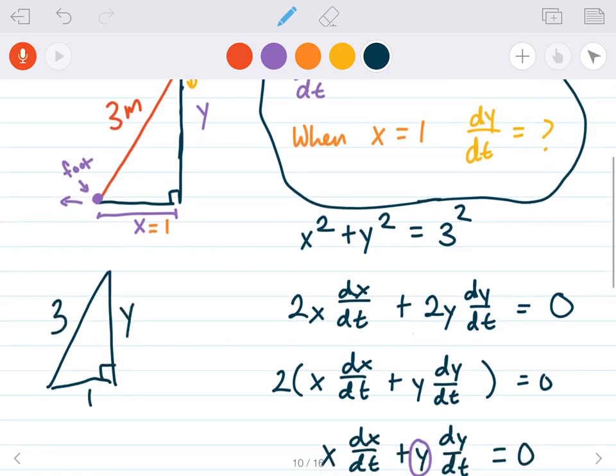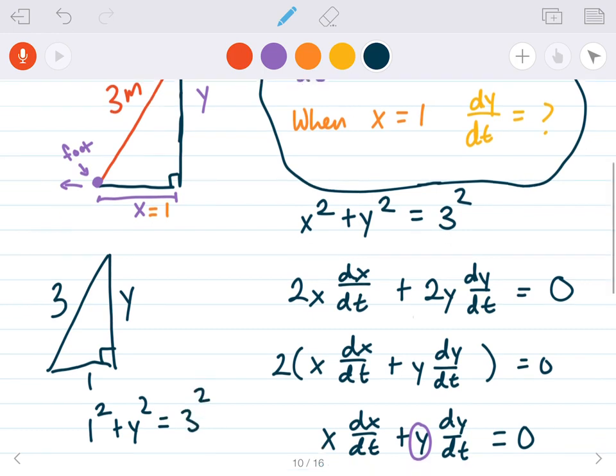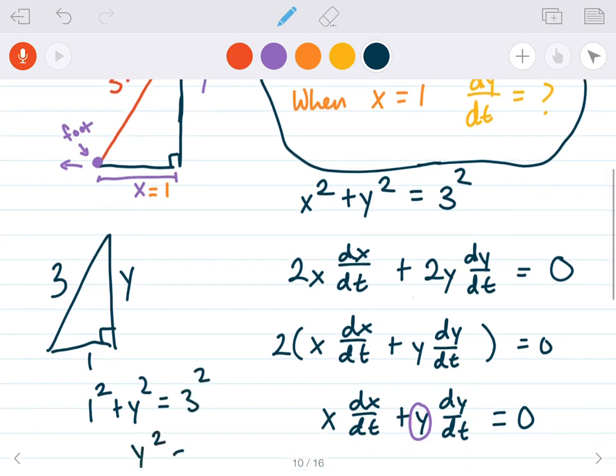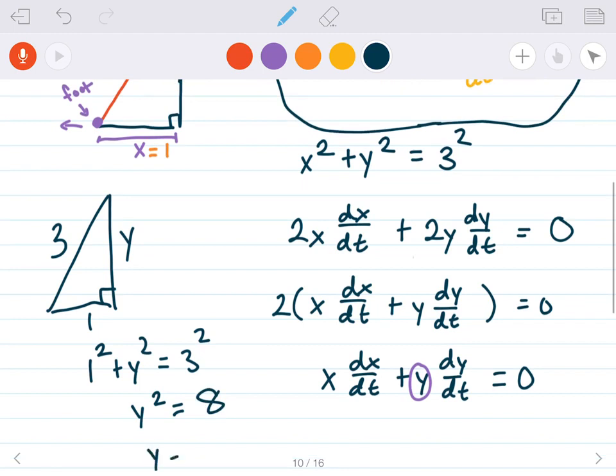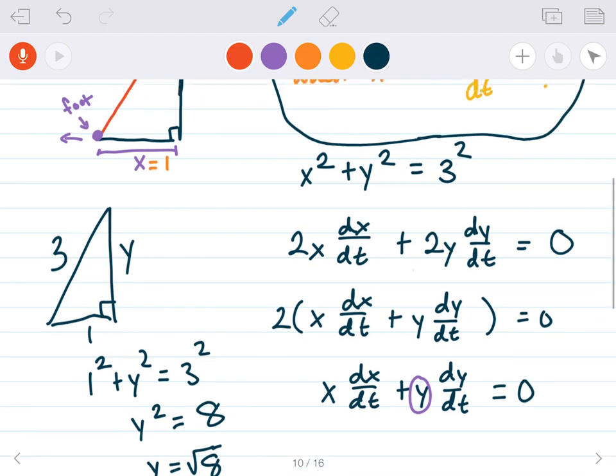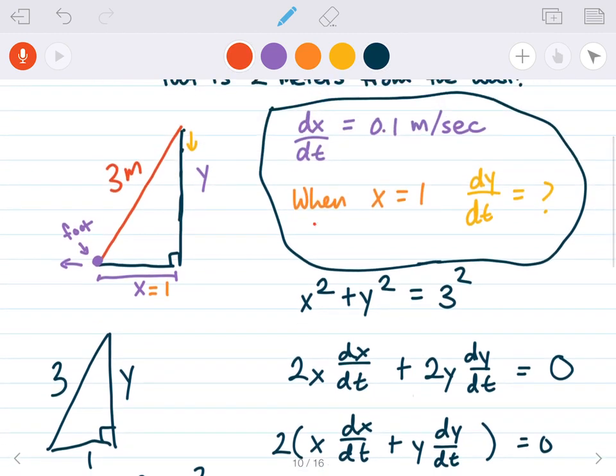So 1 squared plus y squared has to equal 3 squared. Therefore, y squared is equal to 8. Square root both sides, and y is equal to the square root of 8. We would usually do plus or minus, but we're dealing with lengths here, a real world situation, so that's going to be just a positive root 8.